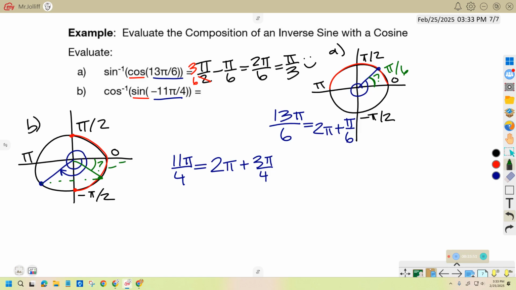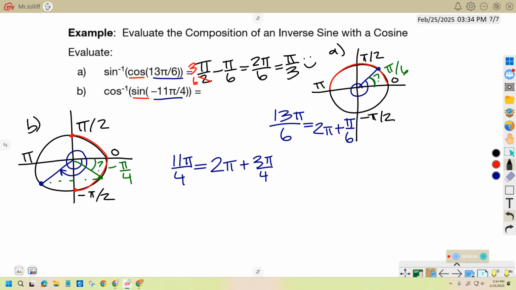Yeah, this is negative pi over 4. I can go 7 pi over 4 forward or negative 1 pi over 4 backwards. So the angle I'm using above when I do that pi over 2 minus x is negative pi over 4.